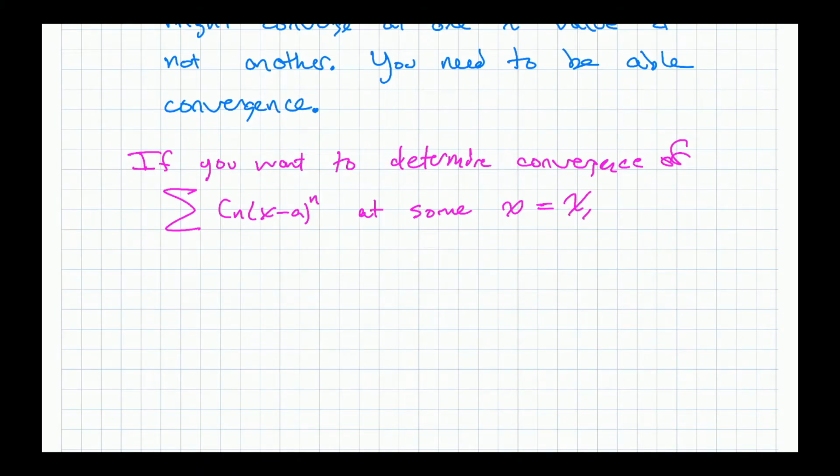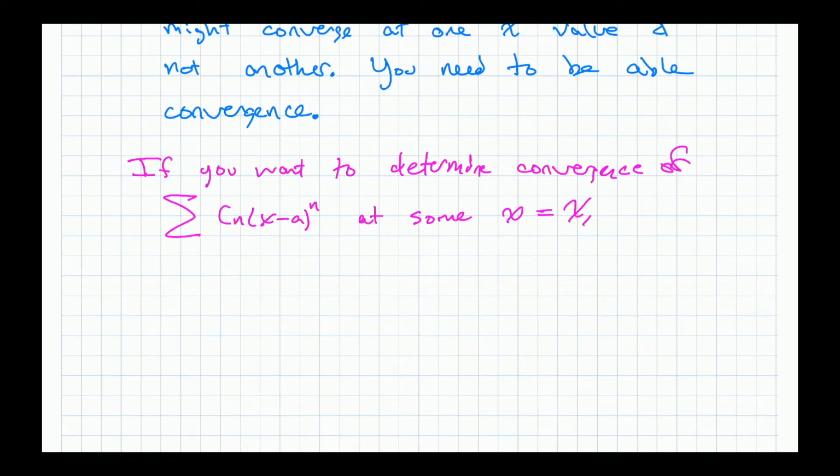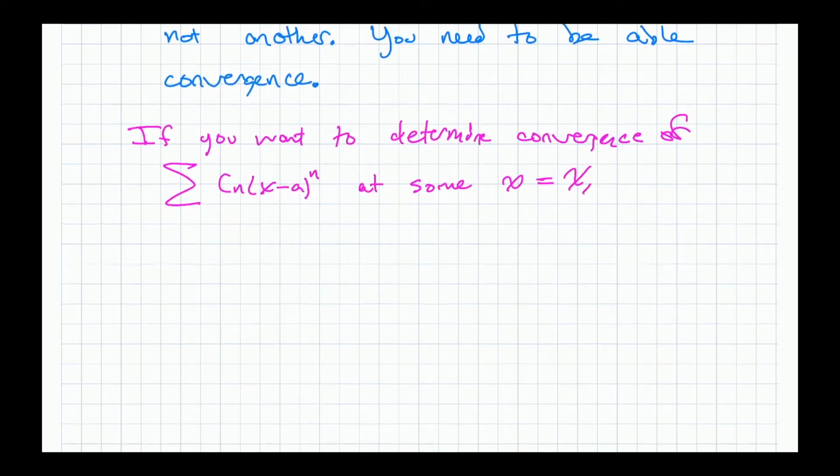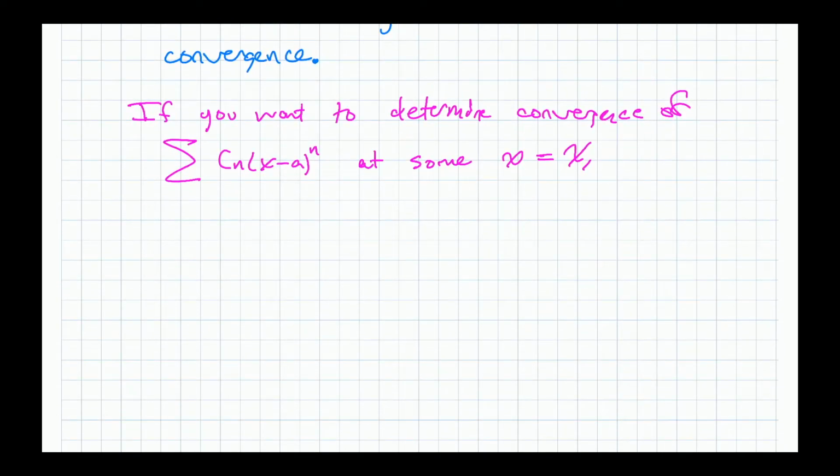I would have used x equals a if it wasn't already in the formula. But if you wanted to determine the convergence of the series at some point x equals x1, all you do is plug x equals x1 into your series.